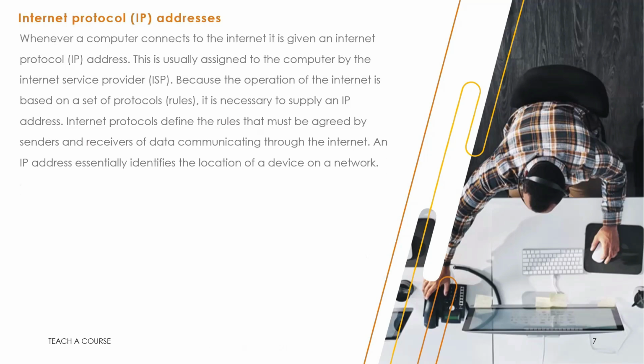Really, the device that looks at the IP addresses is the router, because the router will check the location of the device. For example, if you send a message from one organization to the other organization, for your message to reach the other organization, it is going to pass through intermediate networks or intermediate routers. The intermediate routers are going to check the IP address.